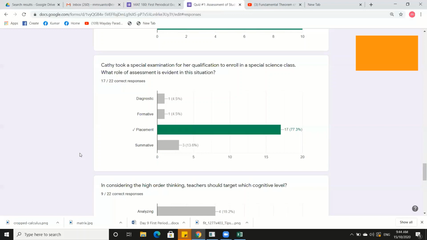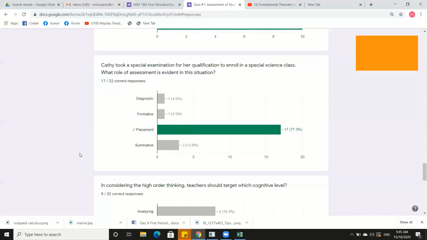When they are going to go back to school, they're going to take some kind of test, and from that test it will be decided what grade level they belong to. That is another example of placement assessment.